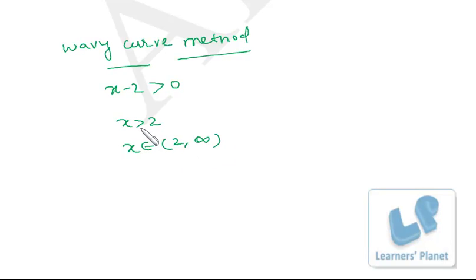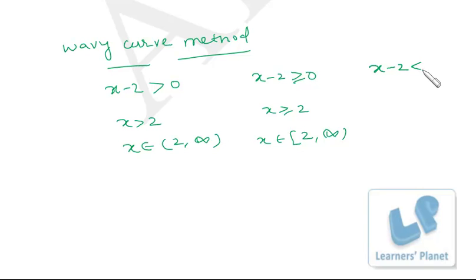Since x is greater than 2, we keep the round bracket, because 2 is not at all included. Similarly, if x minus 2 is greater than or equal to 0, then x is greater than or equal to 2, that means x belongs to [2, infinity). In this case we put a square bracket because 2 is also included.